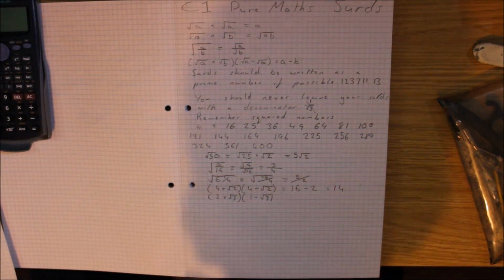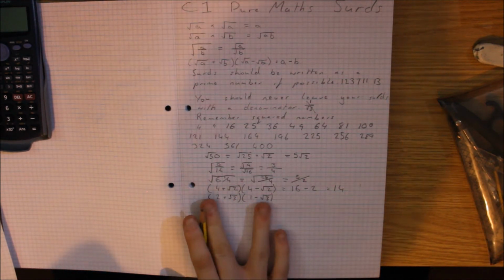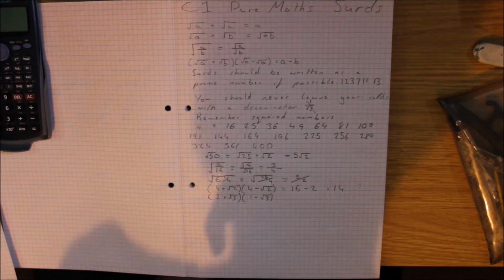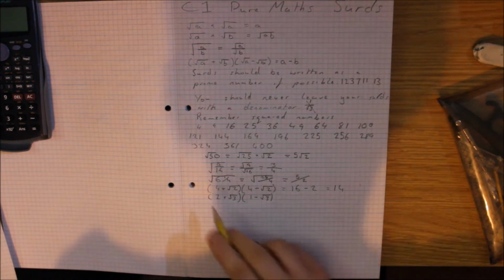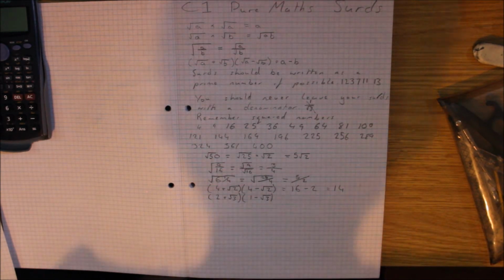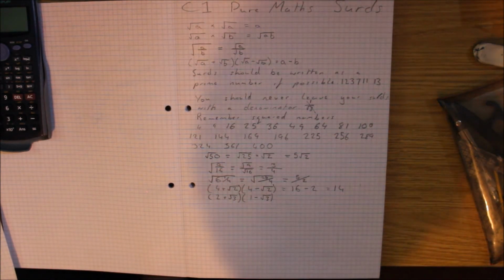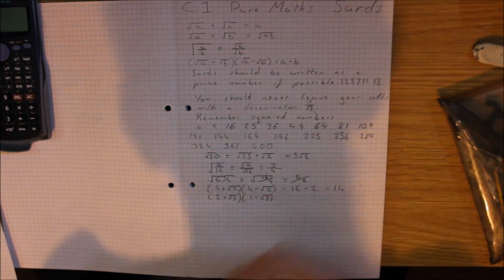What would you do in this situation? Because A is different in this, A is not a constant, we would have to use, well, I personally use the FOIL method, which is first, outer, inner, last. I know some people use the face method, never quite understood that personally. But whatever method you use, as long as it gets the job done.